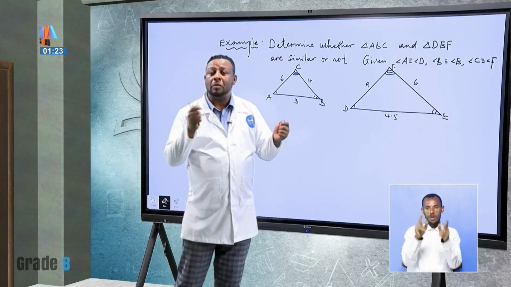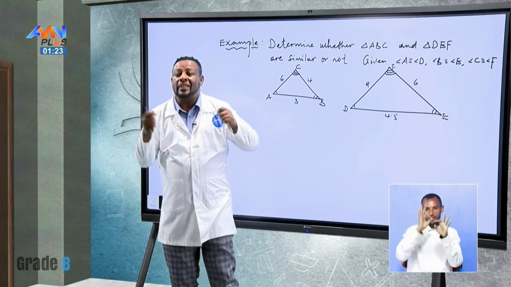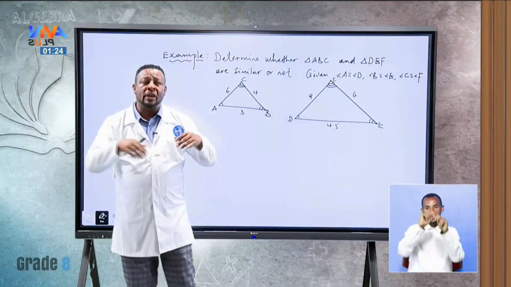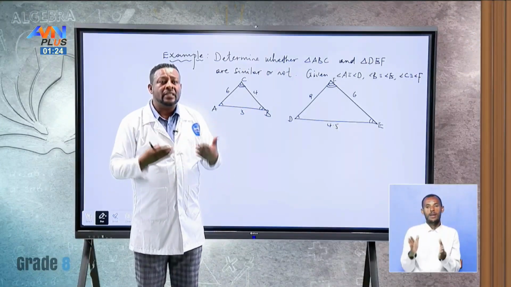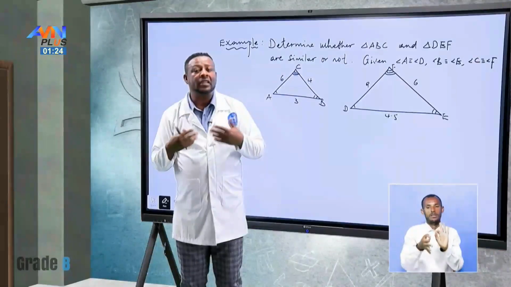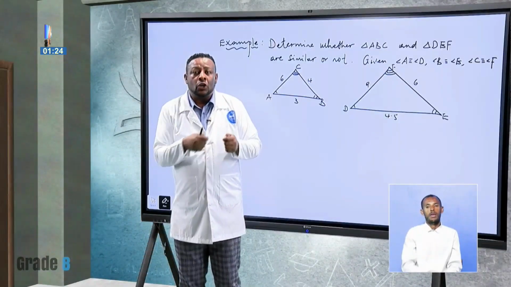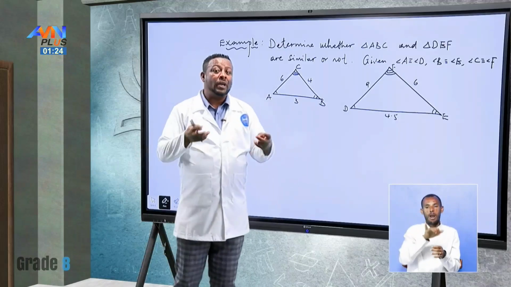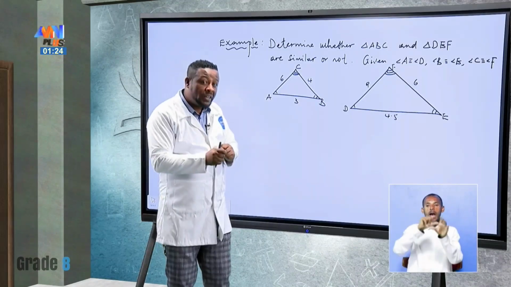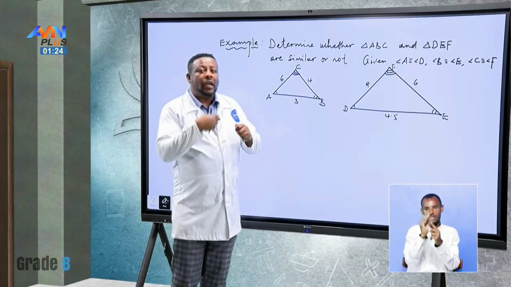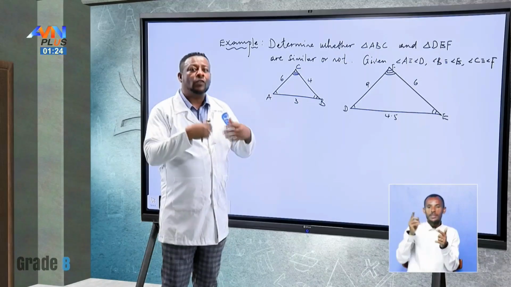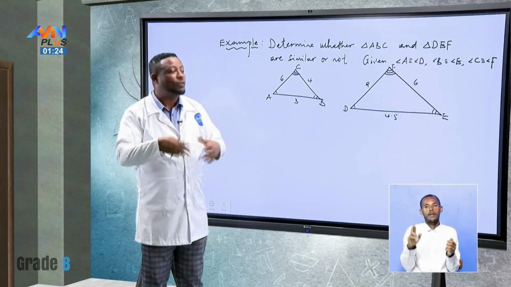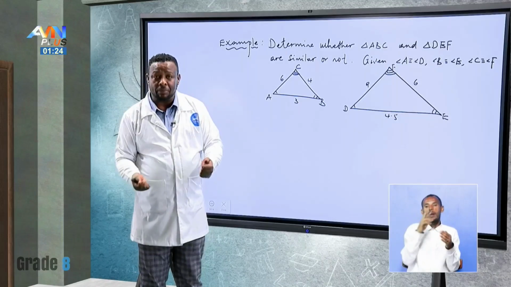Okay, you need to remember the definition that I stated before. Whether it is a triangle or a polygon, there is a definition regarding similarity, right? So two triangles are said to be similar if the pairs of corresponding angles are congruent, one condition. The other thing, the ratio of corresponding sides must be the same.